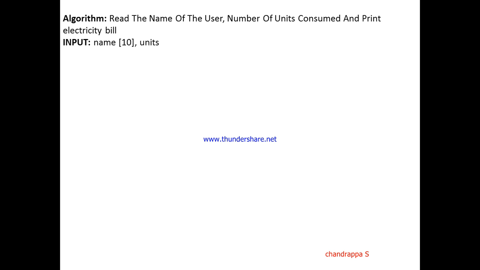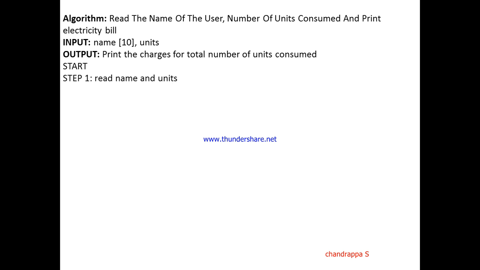Inputs are name and the number of units consumed. Output of the algorithm is total meter charge. Start the algorithm. Step 1: read name and units.